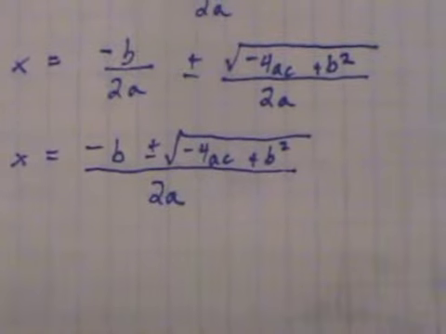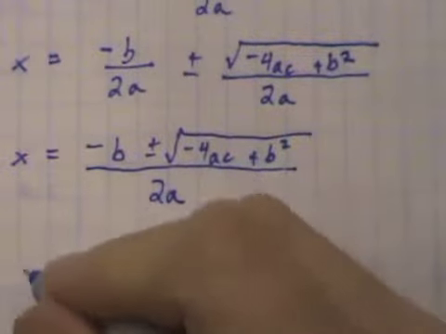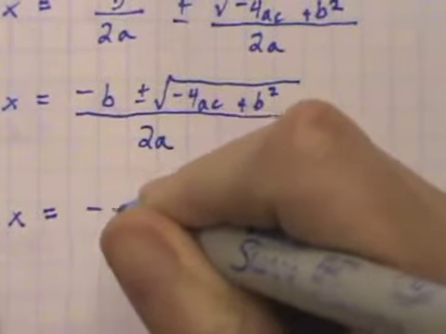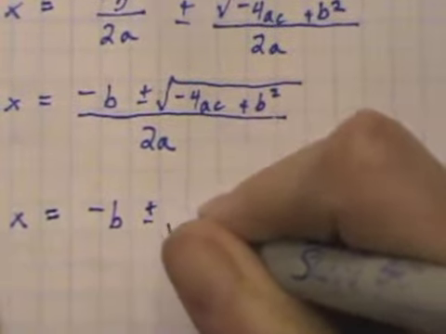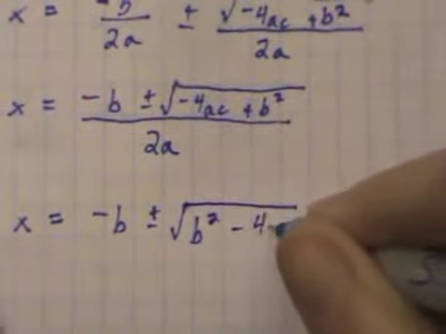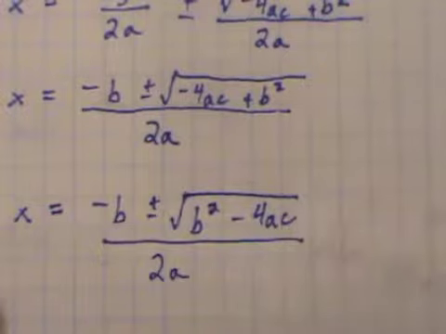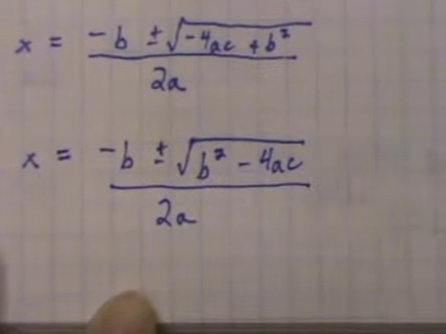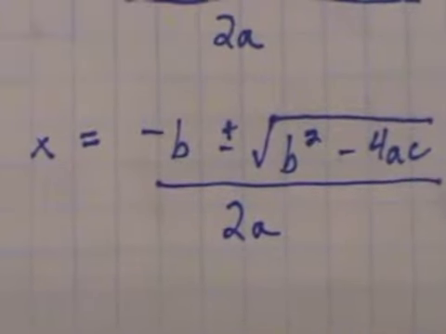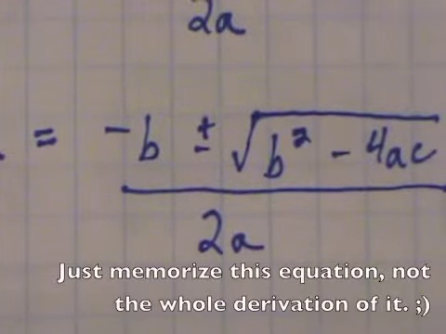So your very last step is just to put this in standard order, which means it's going to be x equals the opposite of b plus or minus, we're going to put the b squared term first, the square root of b squared minus 4ac over 2a. And that is the whole thing. What is that whole thing, you may ask? Why, it is the quadratic formula. And you need to memorize that whole monster.